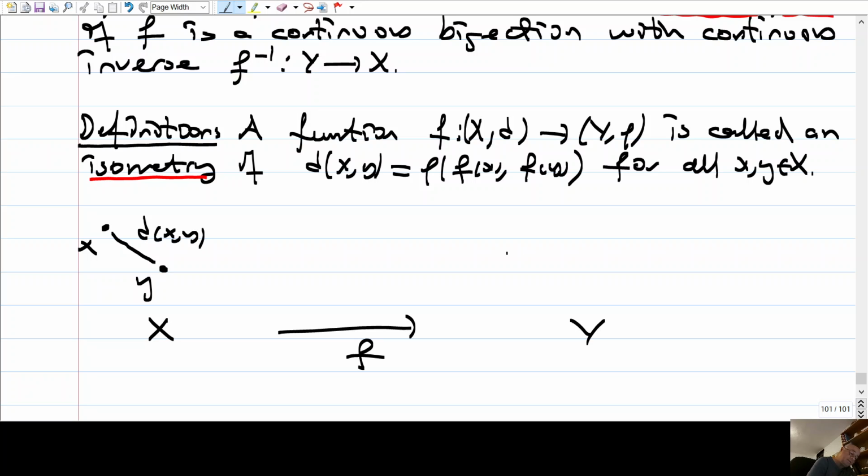And what we see is that if this is f of x and this is f of y, the distance between these two is the same as the distance between x and y. If this holds for all x and y, then we say that f is an isometry. So it preserves the metric, right? It preserves the metric.